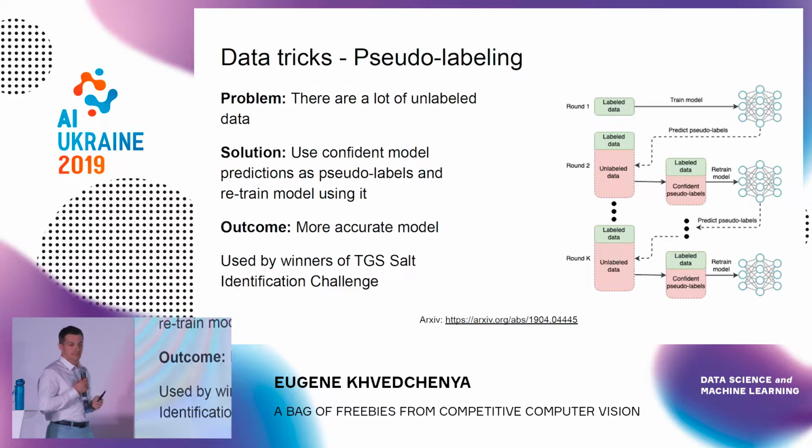So next trick is pseudo-labeling. It also correlates with the active learning that you just heard, and it's more specific to Kaggle competitions, since it's not allowed to do manual annotations of the test data.